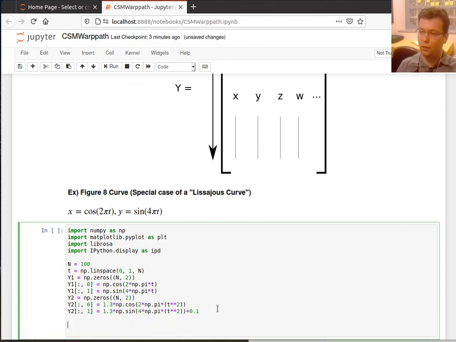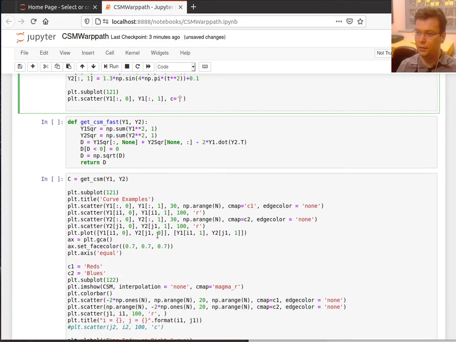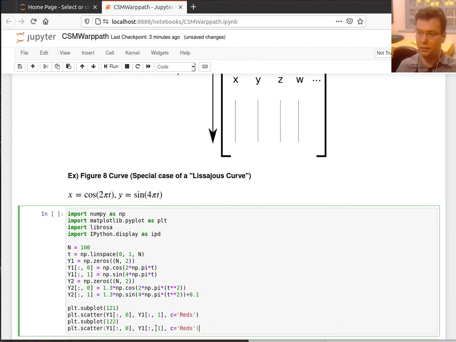So if I go to plot these, here's the x-coordinate, here's the y-coordinate of the first one. It's reds for the first one. And now I'll go and plot the second one as well. And I'll use blues on this one.